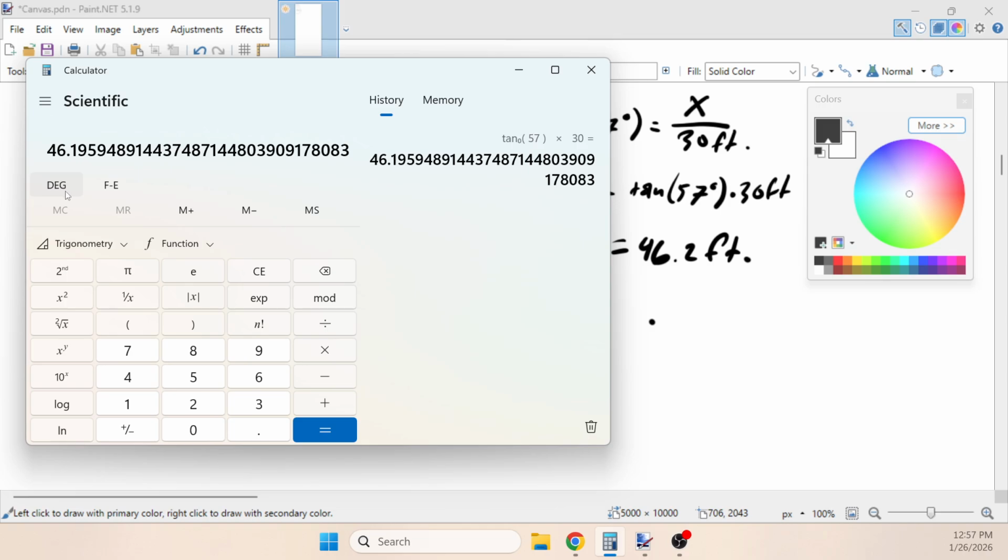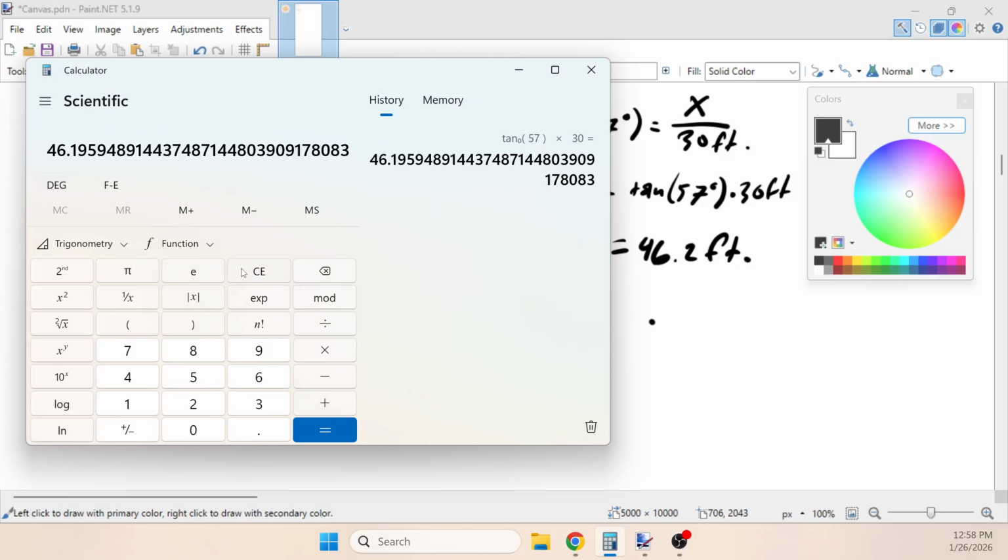But some calculators tell you the setting that you will go into if you click the button. So in some calculators, it'll say degrees, and that means if I click here, I am now in degrees. But that's not how this calculator works. You need to know how your calculator works. Is it showing you the current mode or the mode that you will switch into if you hit the button?